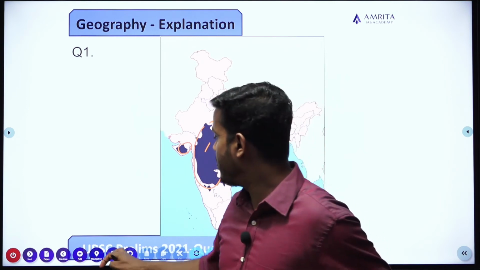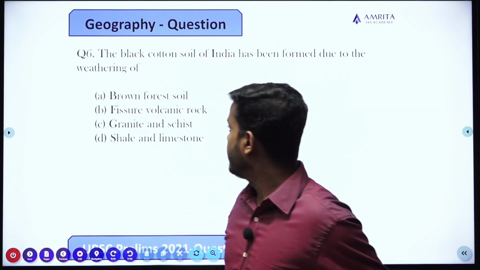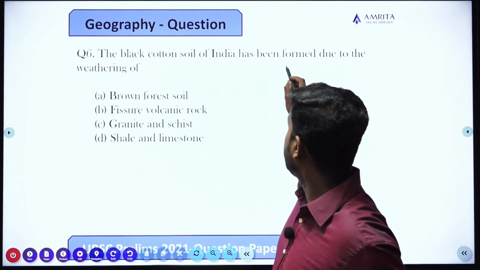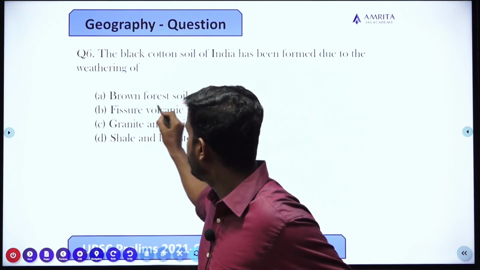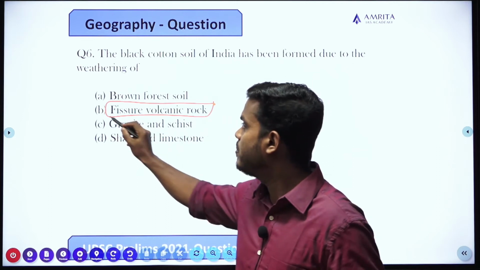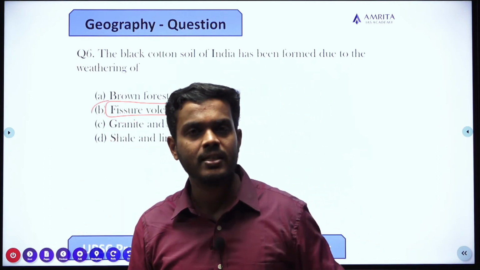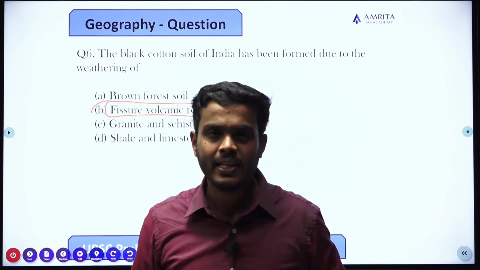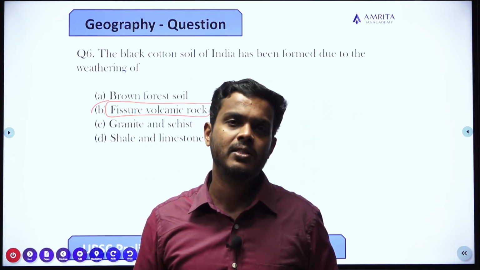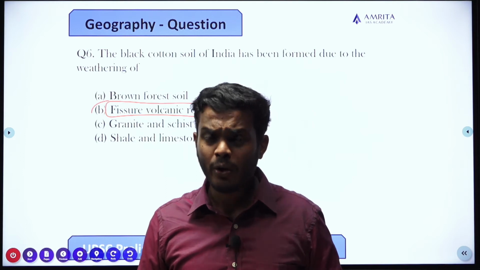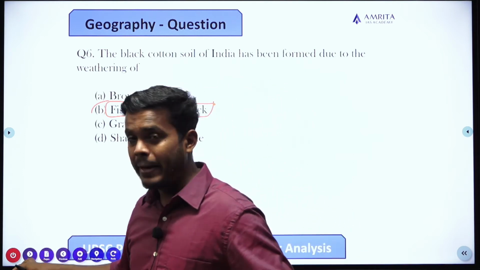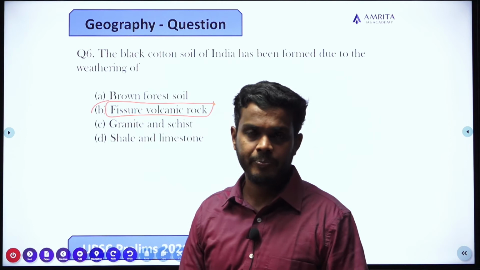So the black soil is formed from the weathering of fissure volcanic rock. B is the correct answer here. Again, these black soil regions are famous for cotton cultivation in India due to the properties of black soil. So this is the basic physical geography of India.